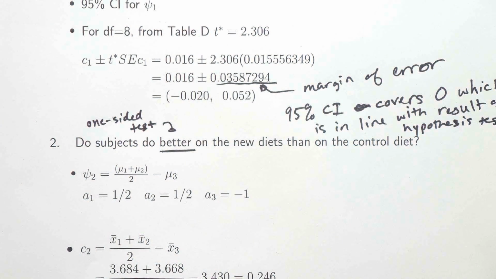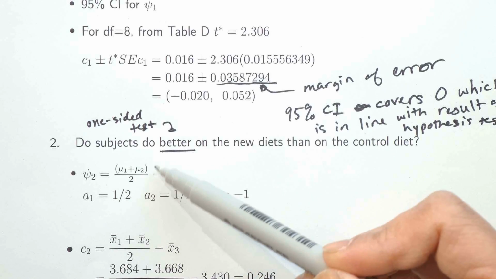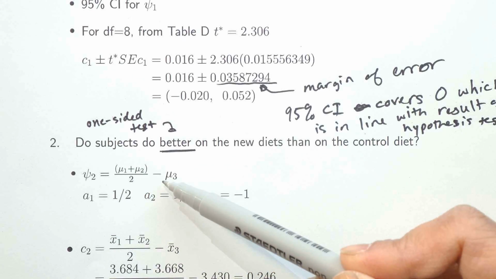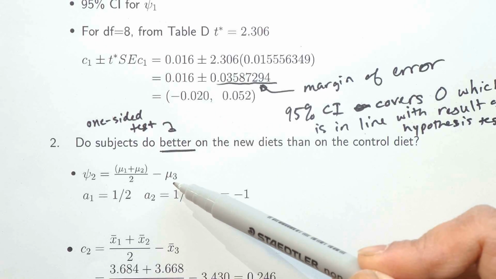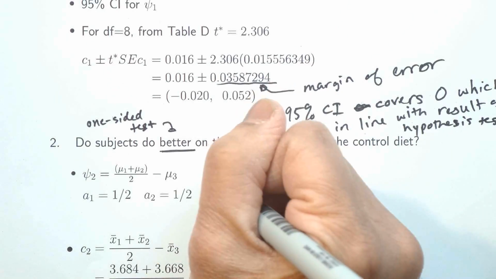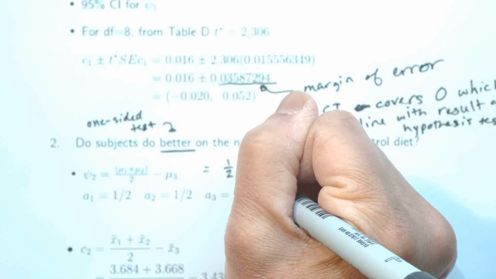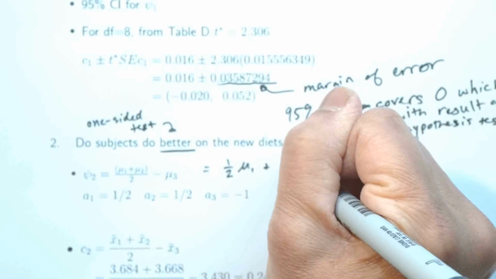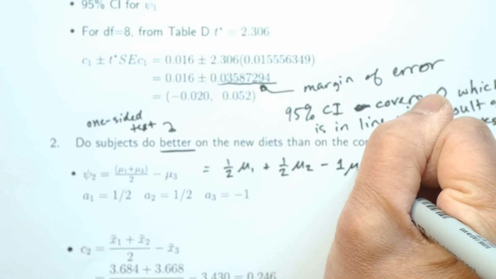The contrast associated with that is contrasting the average of the weight loss on diets D1 and D2 with the mean weight loss on diet D3. If you wanted to think about what the coefficients are, we simply have to rewrite this as 1/2 mu1 plus 1/2 mu2 minus 1 mu3.